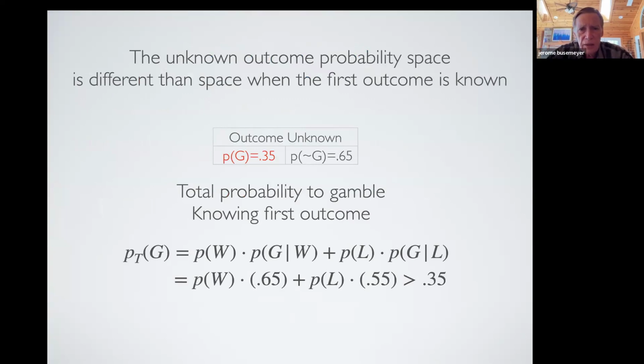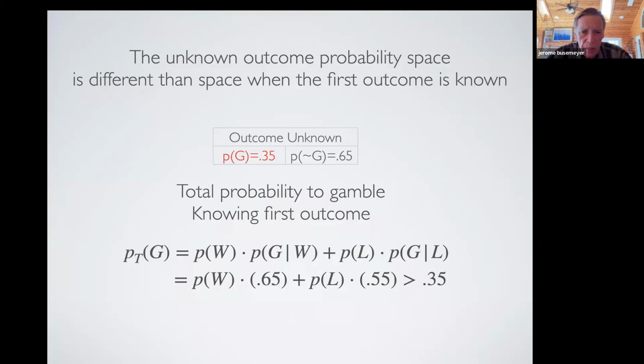And so this is another example where we need a contextual representation, because when the outcome is unknown, the probability that you want to play the gamble is only 0.35. But when you know the first outcome and then decide to play the gamble, the conditional probability that you want to play the gamble given a win is 0.65, and the conditional probability that you want to play the gamble again when you lost is 0.55.